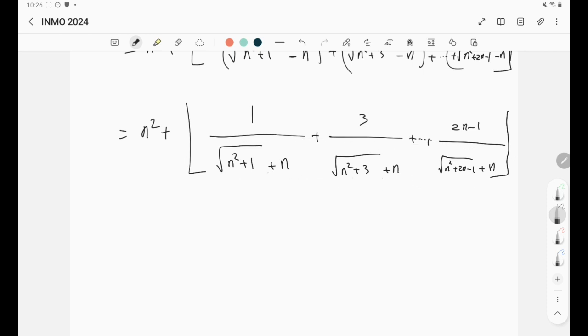How exactly? Well, we know that each square root here is going to be greater than n and less than n plus 1. So we can simply do the following.